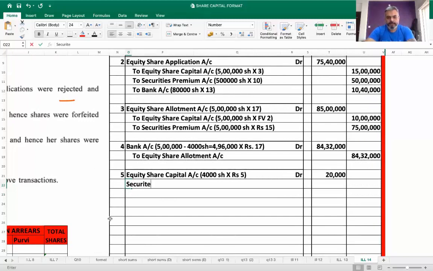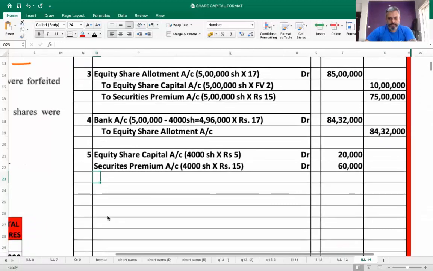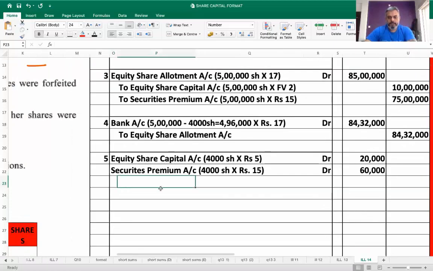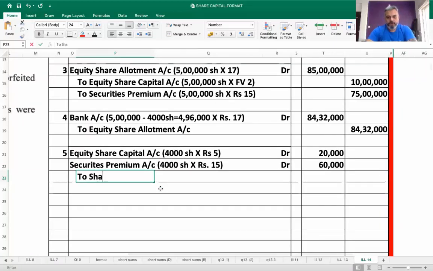So securities premium account, 4,000 shares into rupees 15 per share, 60,000. To share forfeiture account.